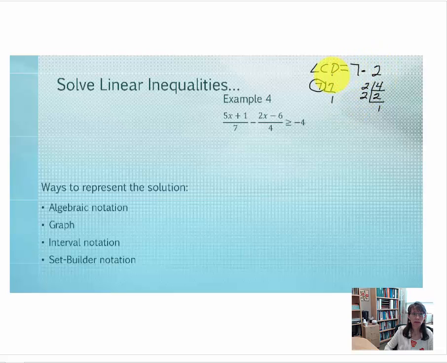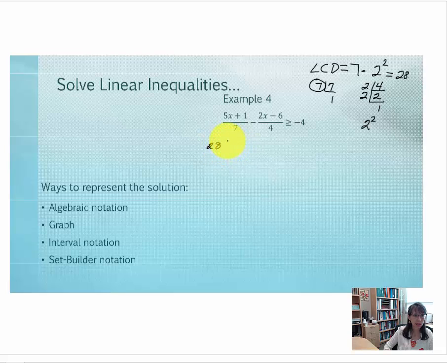So the highest power of 7 is 7 to the power of 1, so I have enough. But notice here 2 is written twice, so that's the same as 2 squared. So I need the highest power of 2. 7 multiplied by 2 squared is 7 times 4. That makes 28. So I use 28 to multiply all terms in the inequality.